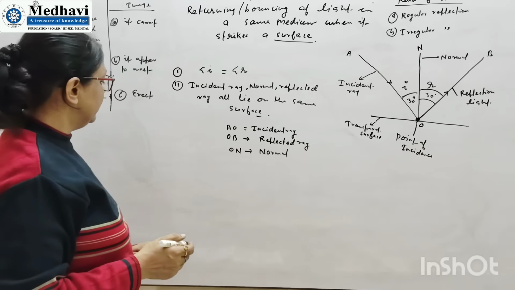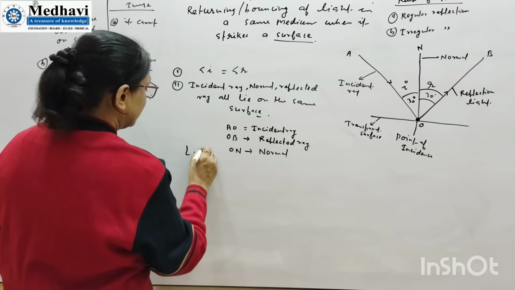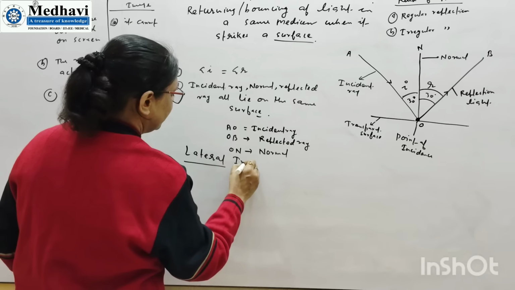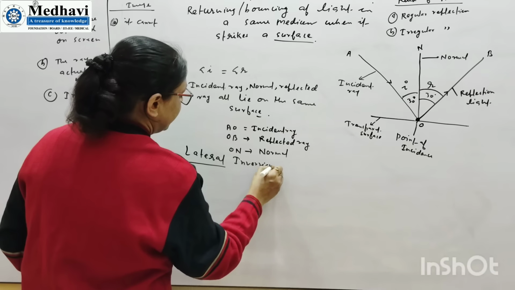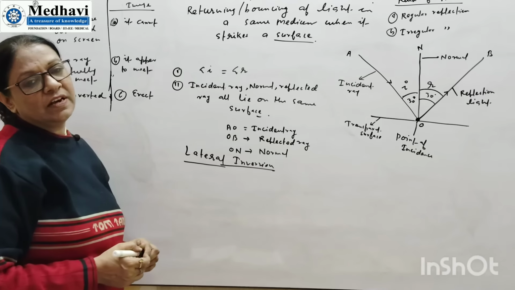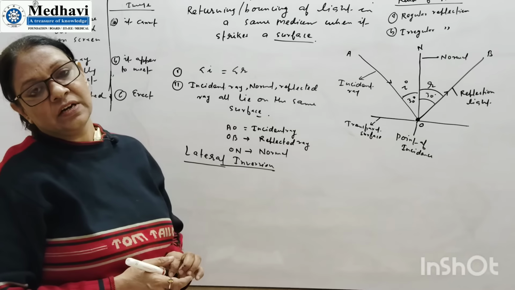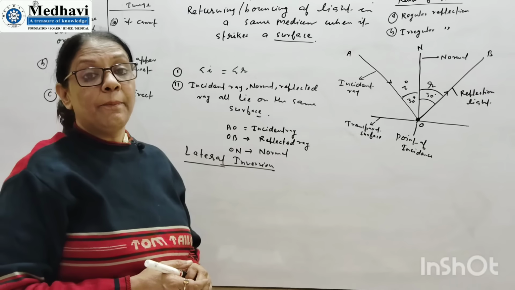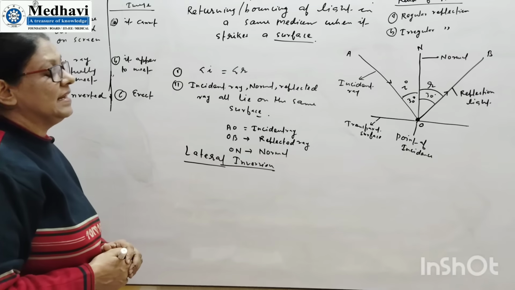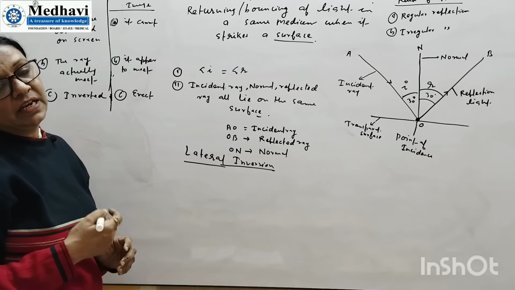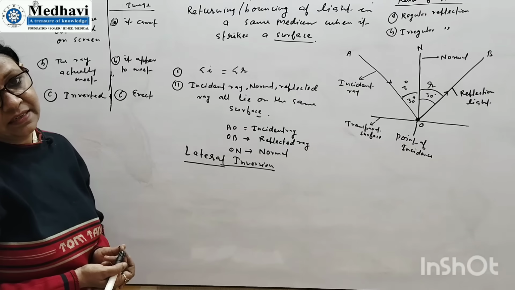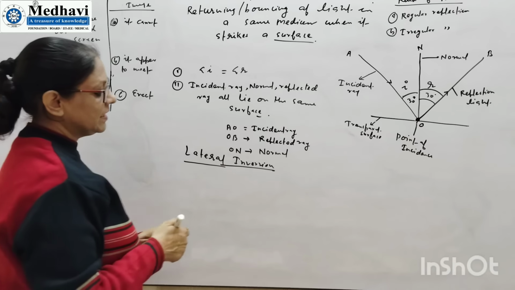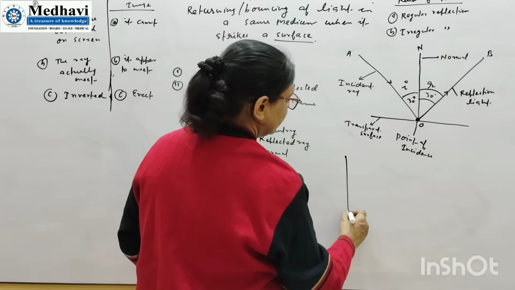After that, there is one term that is given in the book. It is very important. That is lateral inversion. The interchange of left and right of the image of the given object in a plane mirror is called lateral inversion. For example, suppose this is a plane mirror.